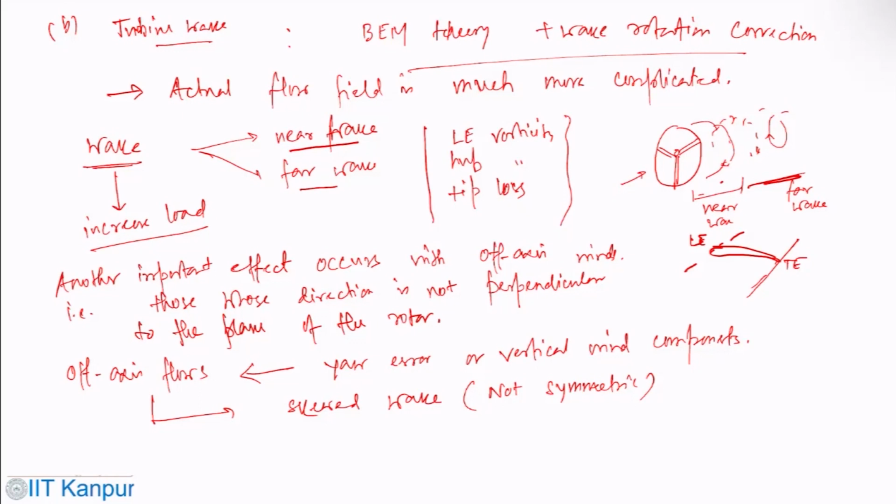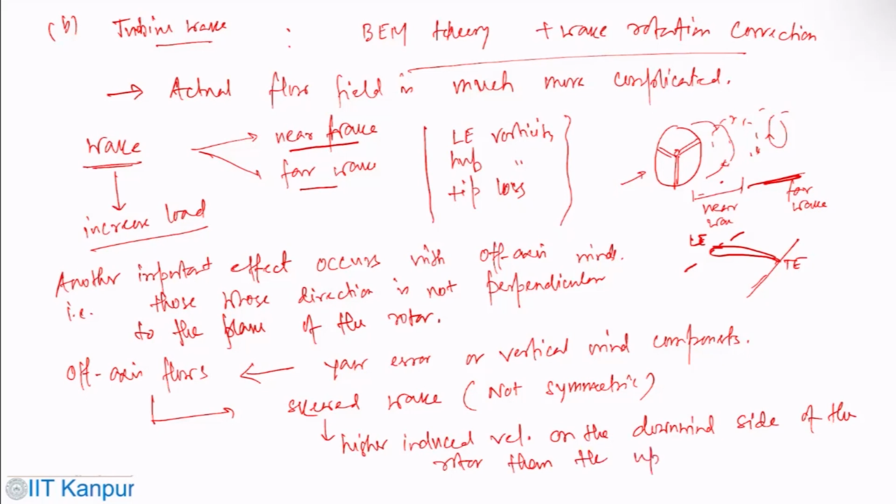So this will have higher induced velocity on the downwind side of the rotor than the upwind side.